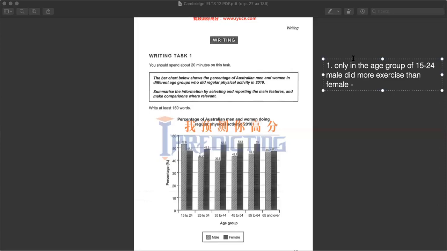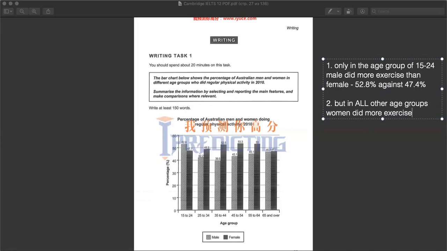And we should give the percentage: 52.8% against 47.7%. But in all other age groups, women did more exercise. So these were the two first important things.